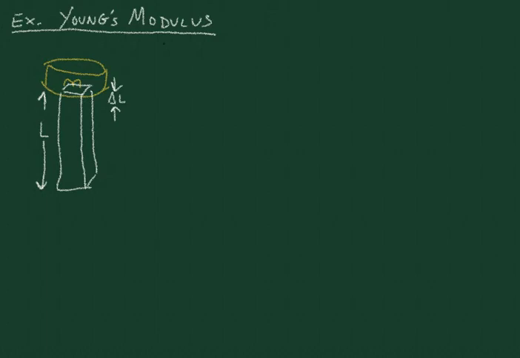Young's modulus tells us that the force over the area being applied, which in this case would be mg over A, is equal to E, Young's modulus, times delta L over L. And E is really just the stress over the strain.